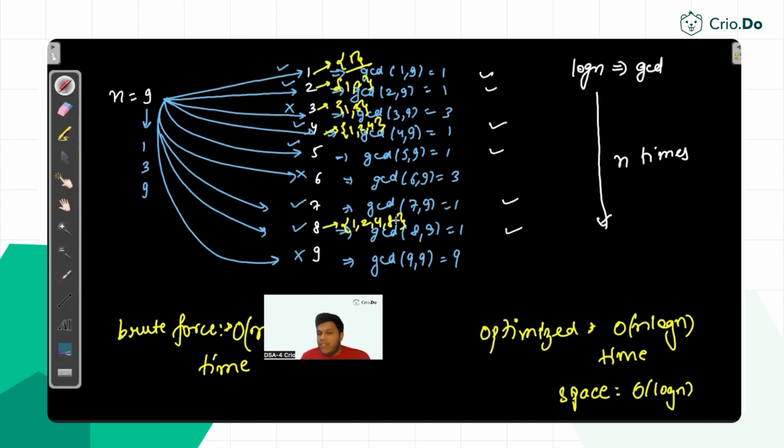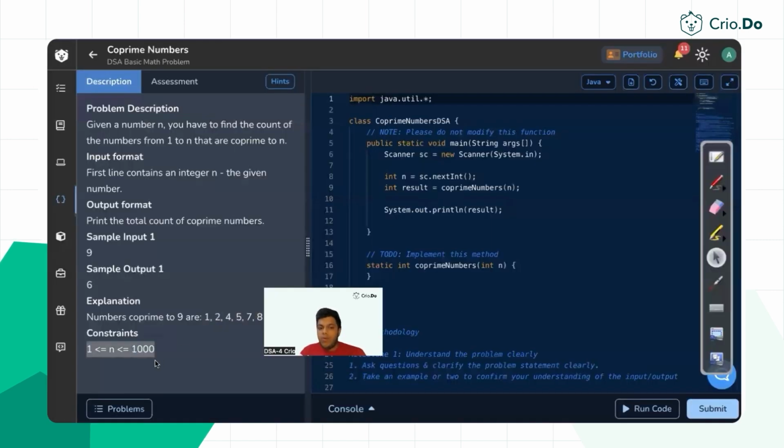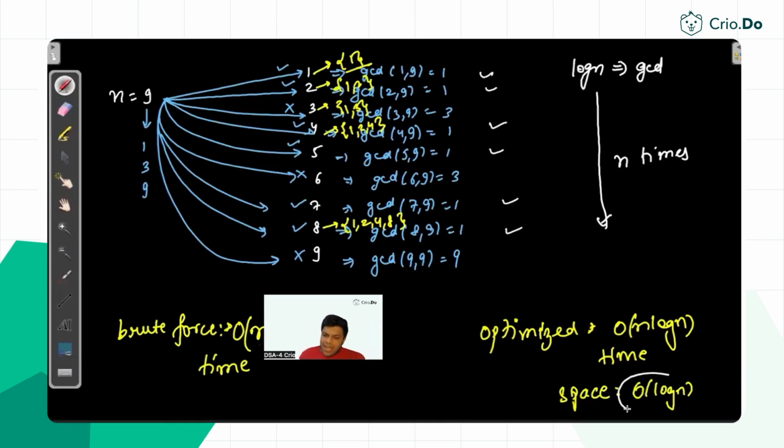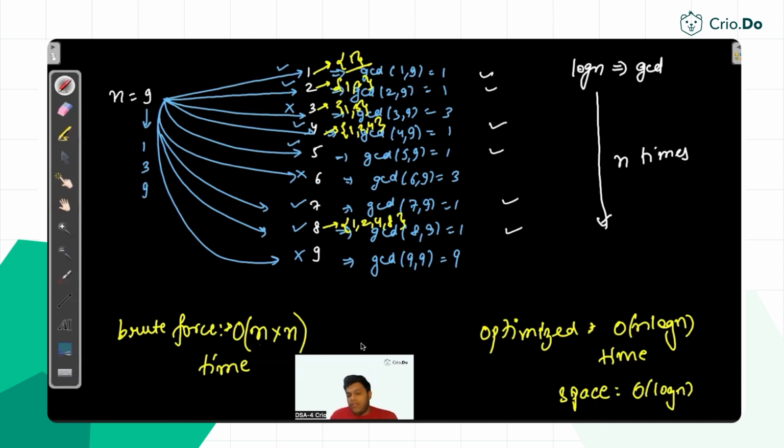So space will be only log n, not n log n, and log n is almost constant because n will be very small. As you can see, n will be only 1000, so log of 1000 is a very small value. So you can still consider space to be constant. It is not that you are wasting space to optimize time. You are optimizing time by taking a very little extra space.